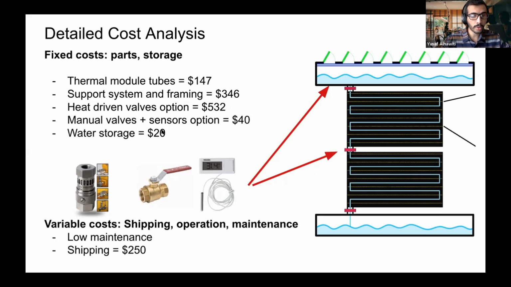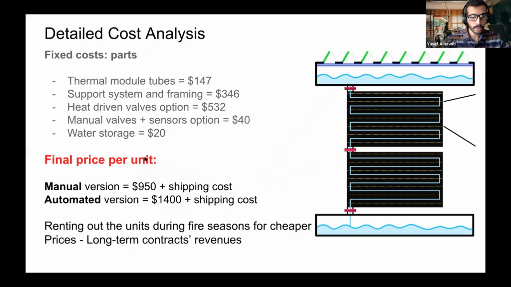The water storage would cost $20, and that would add to the manual version, which would be $950 plus shipping, and the automated version would be $1,400, and that depends on the requirements and the needs of the facility that the systems are operated in.